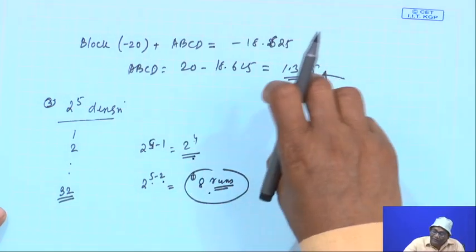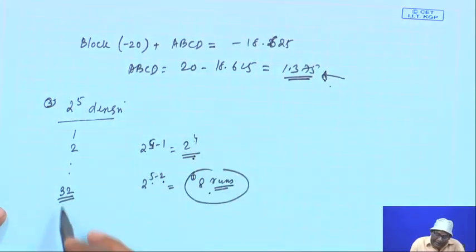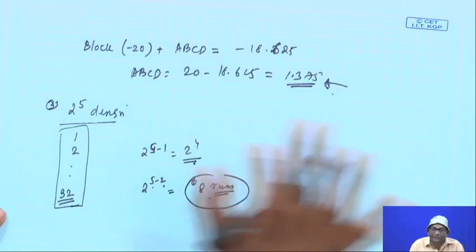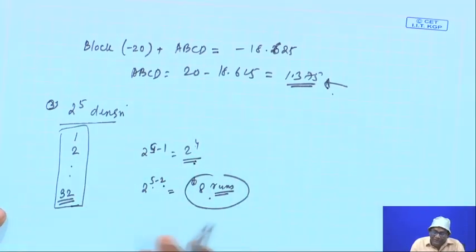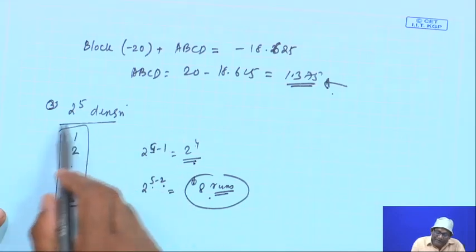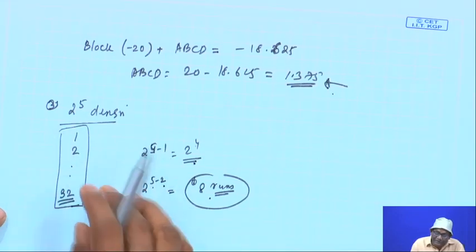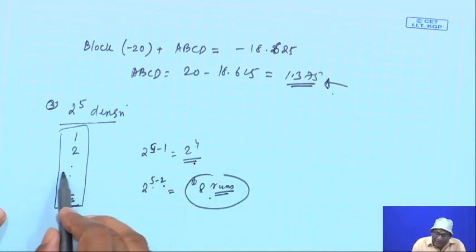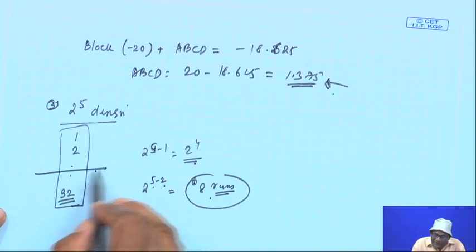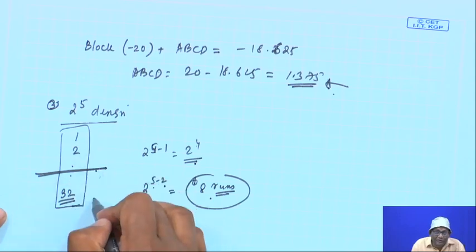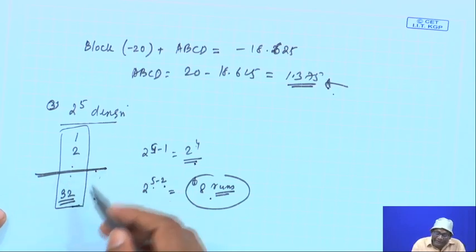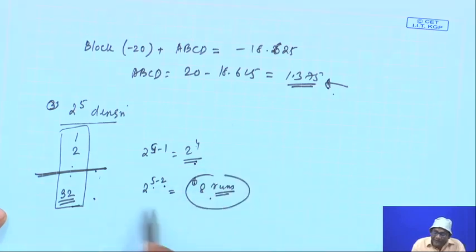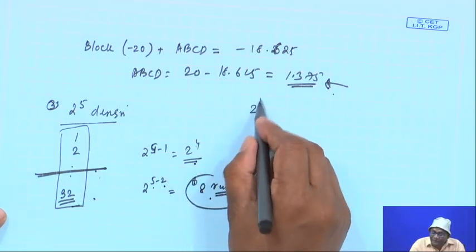So, if one batch of raw material can accommodate 32 runs, you do not require 2 blocks. If one batch of raw material, or one type of resource, can accommodate only 16 runs, then you require 2 blocks. But if that will not happen, then you go to 2 to the power p blocks: 2 to the power 1 is 2 blocks, 2 to the power 2 is 4 blocks.